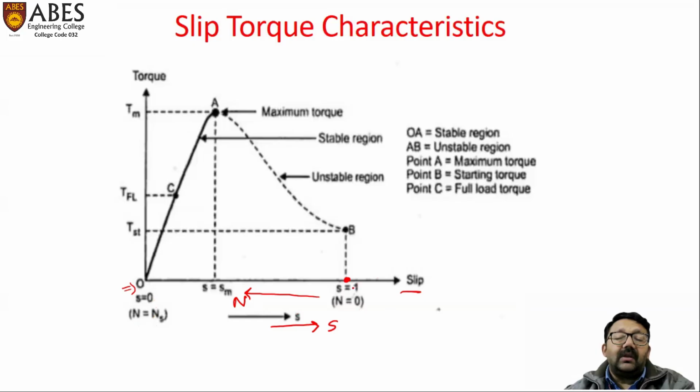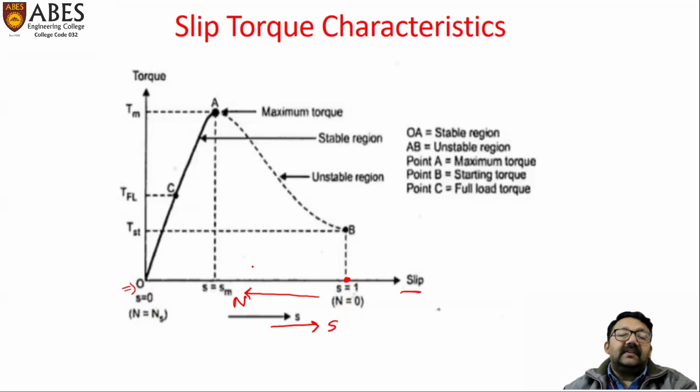And at this point, where value of slip is maximum or 1, motor speed is 0, or we can say this is the beginning point where motor has to start its rotation.